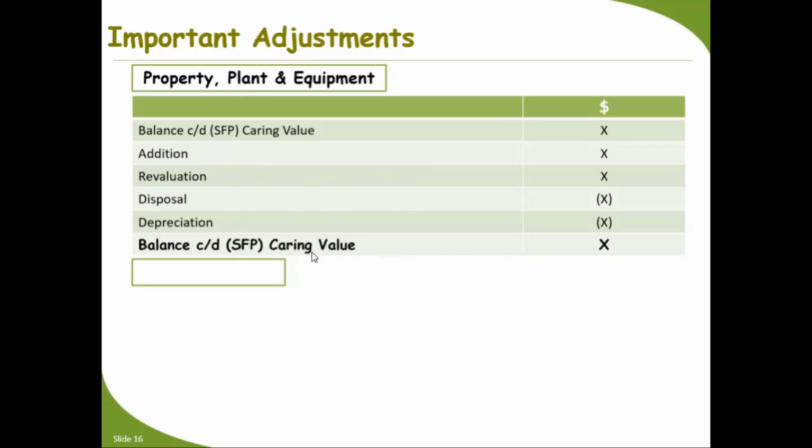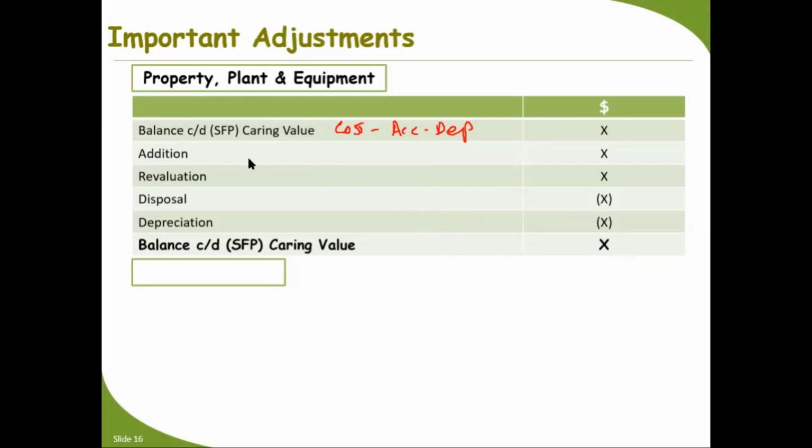Either carrying value we will calculate, how opening balance would be carrying value. Carrying value means cost minus accumulated depreciation. In this proforma we will use this. Then if we have addition we will add, if we have revaluation we will add, if we have disposal we will subtract, and depreciation amount we will subtract, and this is the carrying value.